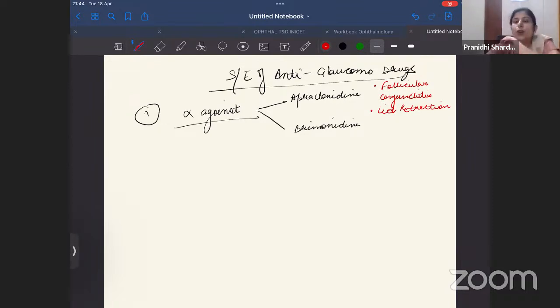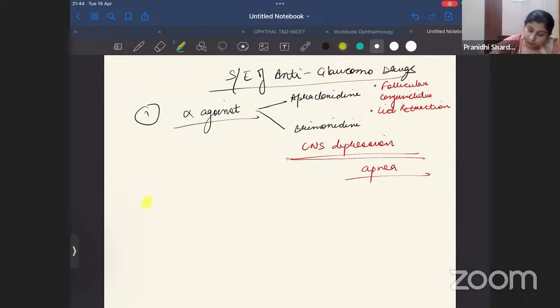In brimonidine, we always study that it causes CNS depression, very characteristic of brimonidine, and that is why, on similar lines, we are always asked which anti-glaucoma drug is contraindicated in children below the age of 2 years: it is brimonidine, because it causes CNS depression. It can cause apnea in the child.